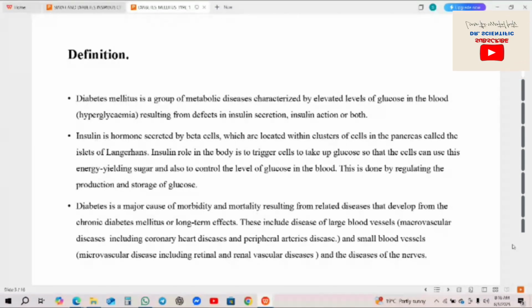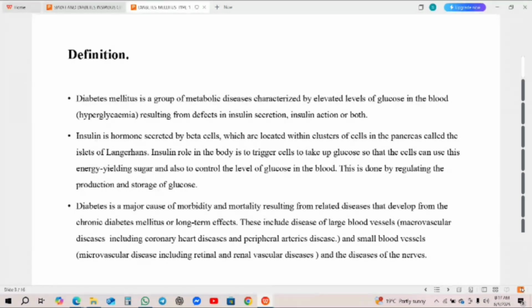Those are the conditions for the large blood vessels, the macrovascular diseases, and then we have those for the small blood vessels, the microvascular diseases, which include the retinal disease, which we call diabetic retinopathy, where there is damage to the eye.